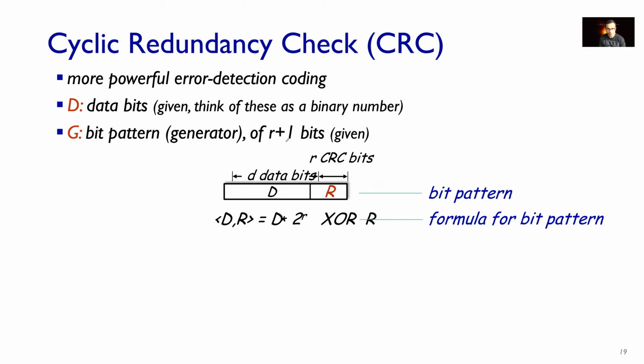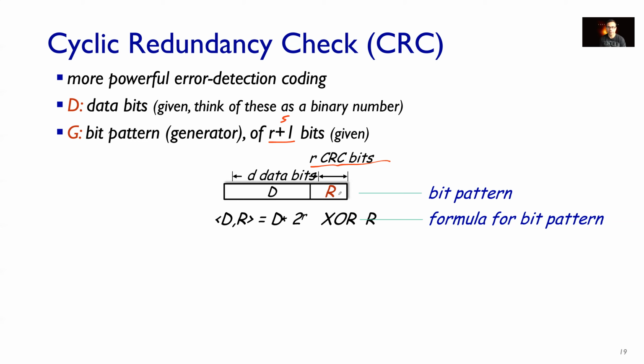So since the generator is r plus 1, the idea is that we add some extra bits, one less than the generator function. For example, if the generator function was 5 bits, you would add 4 extra bits here.